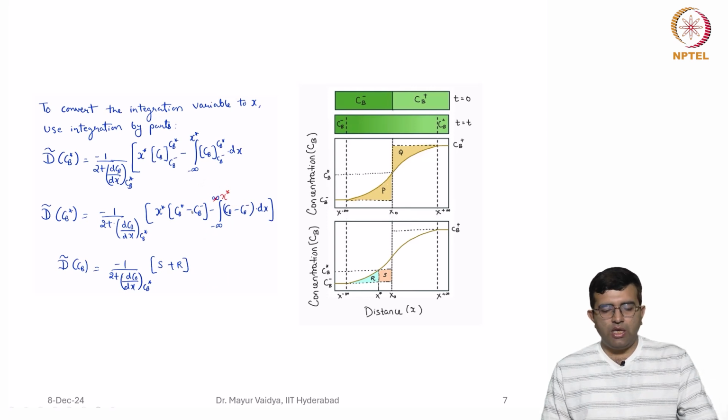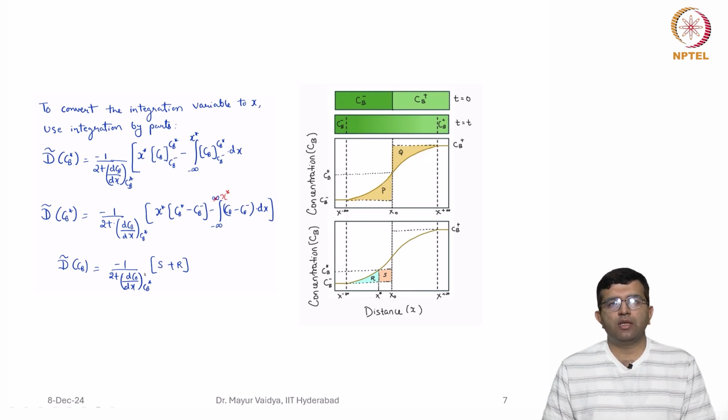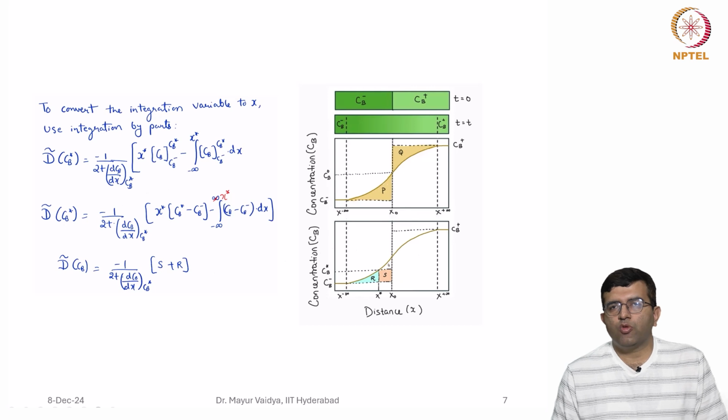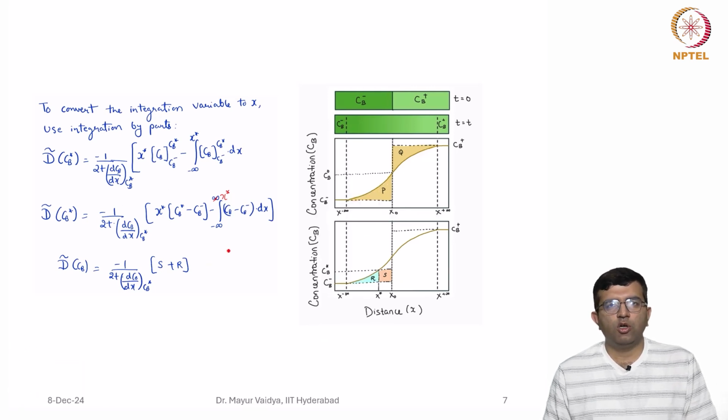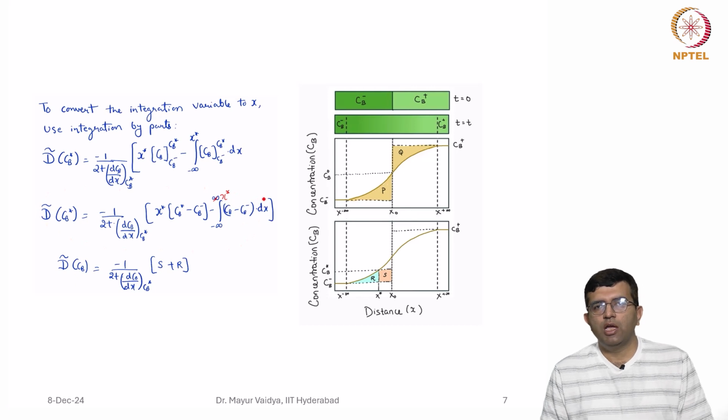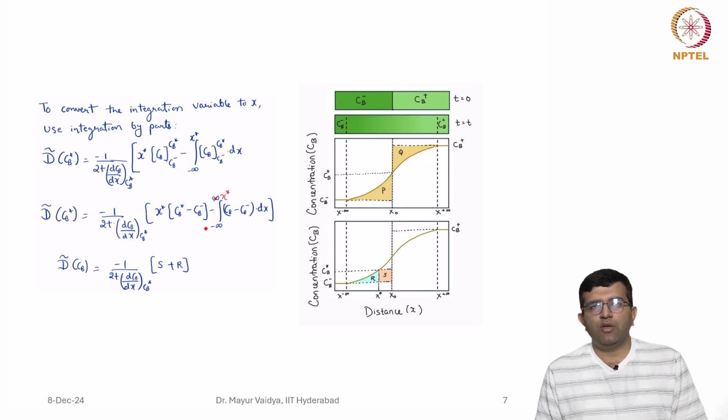Now you see here I have represented this composition profile graphically, because you may be thinking this still looks very complicated, how will we solve the integral and so on. This is the schematic of the composition profile. This is Cb minus here, this is Cb plus, and this is Cb star.